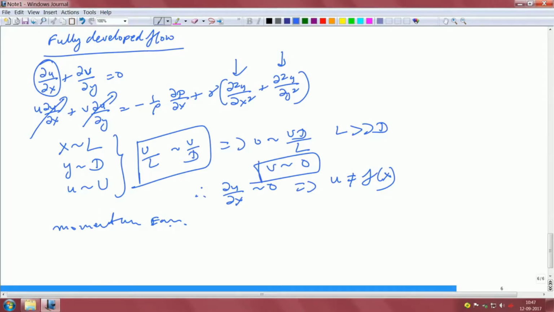So, naturally only one component survives, and this one goes to 0, because it is L square, right. So, the momentum equation basically vanishes and becomes something like this, dp by dx equal to mu d square u by dy square, after all these manipulations, right. Only two terms survive, this one and this one, that is it, right.